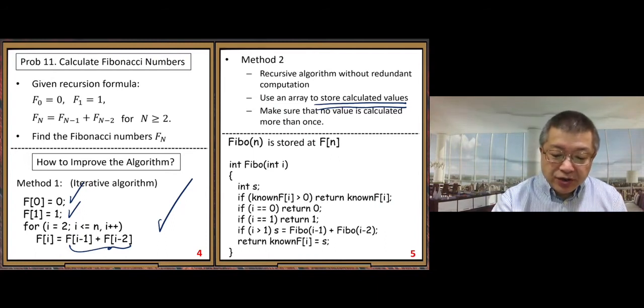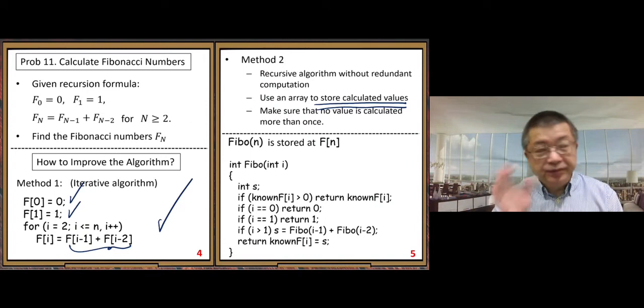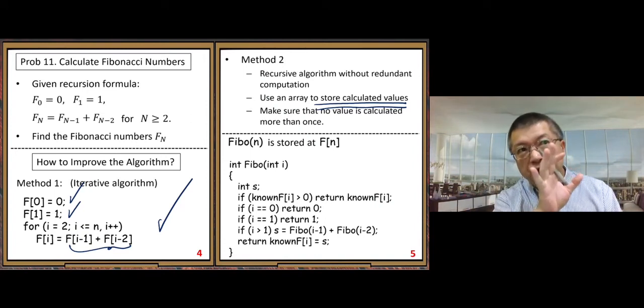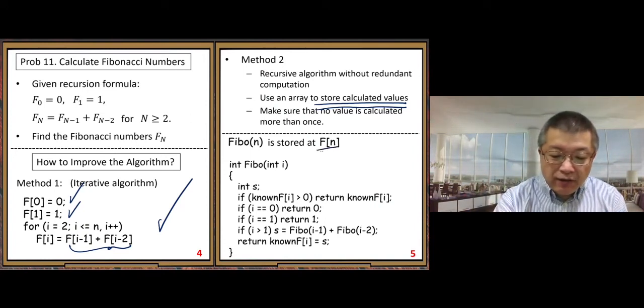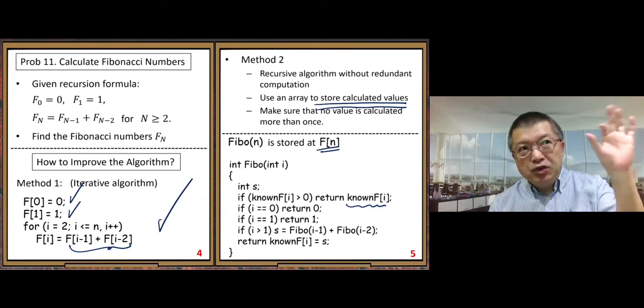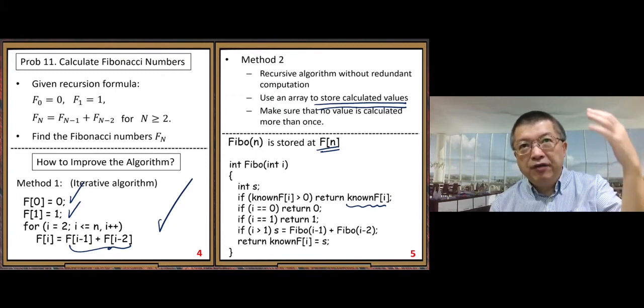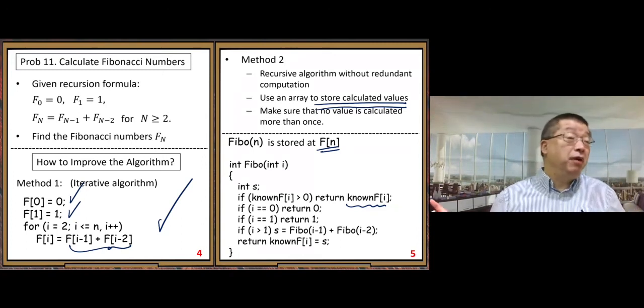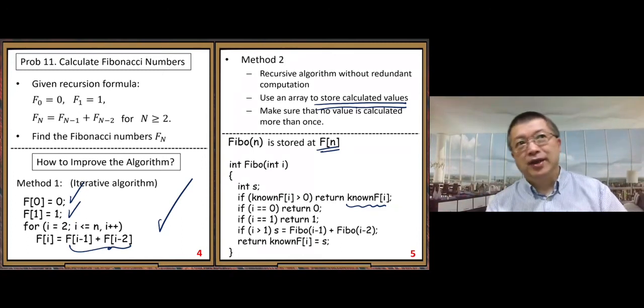So the array, in order to give you a better understanding of this f of n, we use the known f array. We carefully choose the name for this array, so you can see the value stored in the array elements will tell us if the Fibonacci numbers are known or not. Known array, known f.